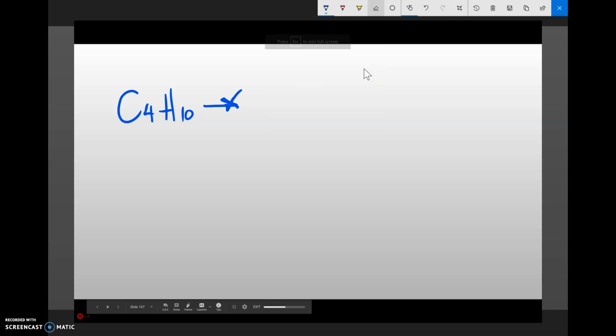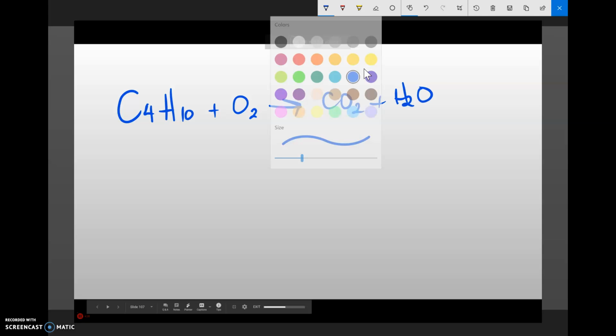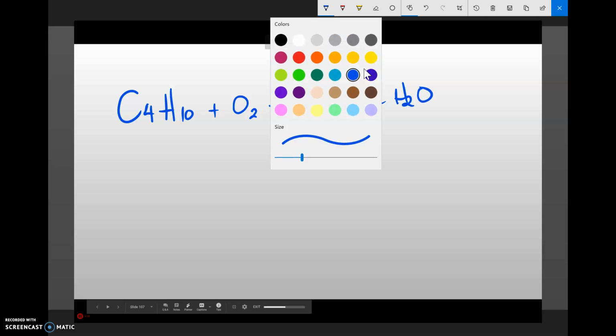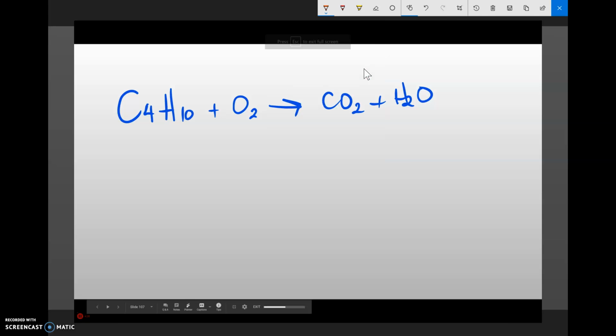You're going to see that, and you're going to say, oh, plus oxygen. And then your products, again, are going to be CO2 and water. It doesn't matter, I can put water first or CO2 first, as long as they're both on that product side. Okay, let's go ahead and balance this one.